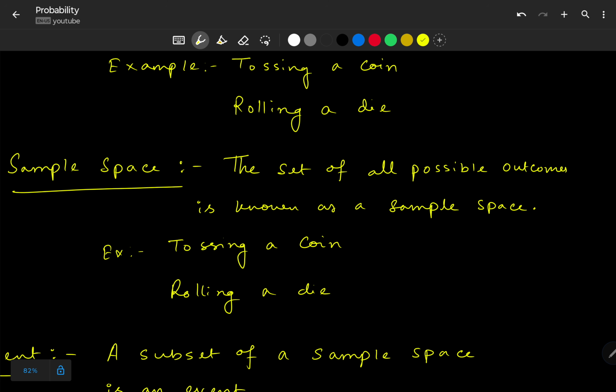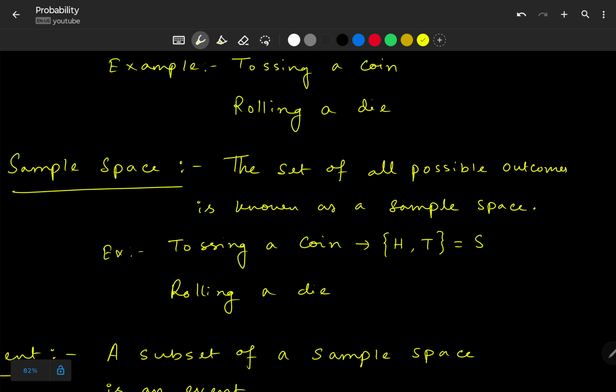So the definition of sample space is the set of all possible outcomes is known as a sample space. So here in our example, tossing a coin, all the possible outcomes are a head and a tail. So if we write these outcomes within a set, then this set is a sample space.